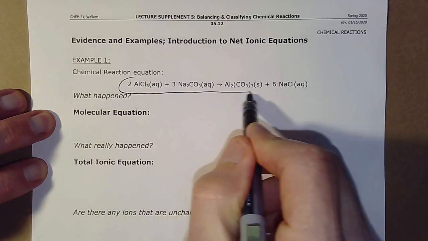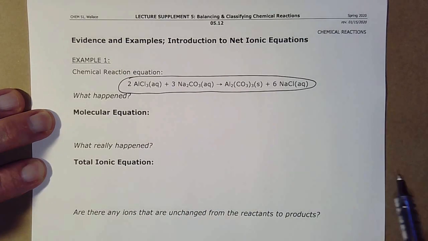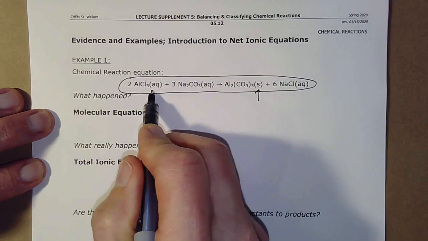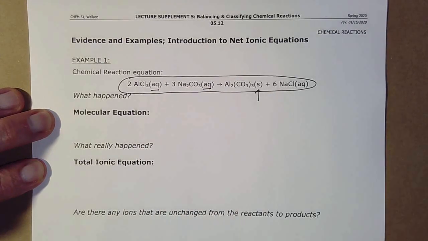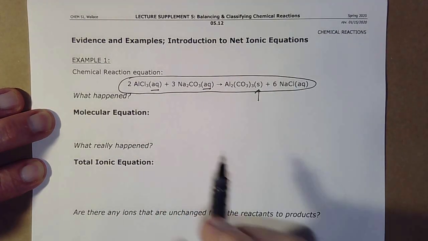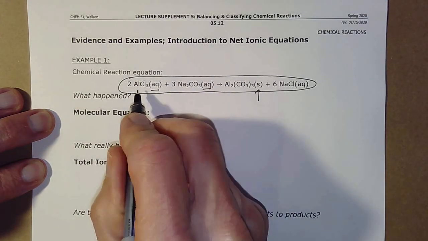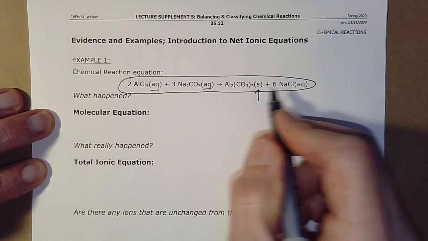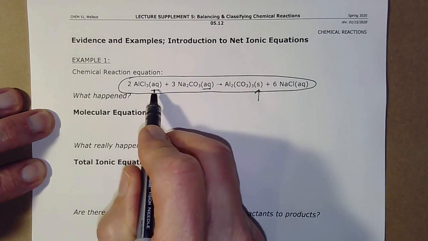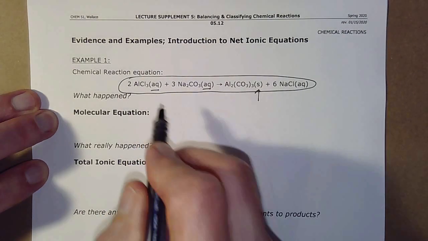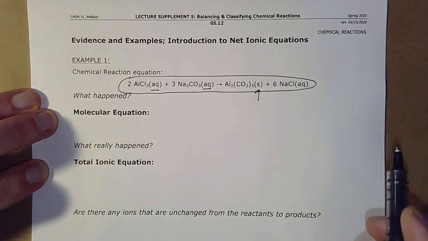This reaction actually occurs. It's obviously a precipitation reaction. We're going from aqueous to solid. And what we call this sort of old-fashioned reaction is where I've got compound, compound, compound, compound. Even though they're aqueous, we know they're broken up in water, but we've written each as a compound.